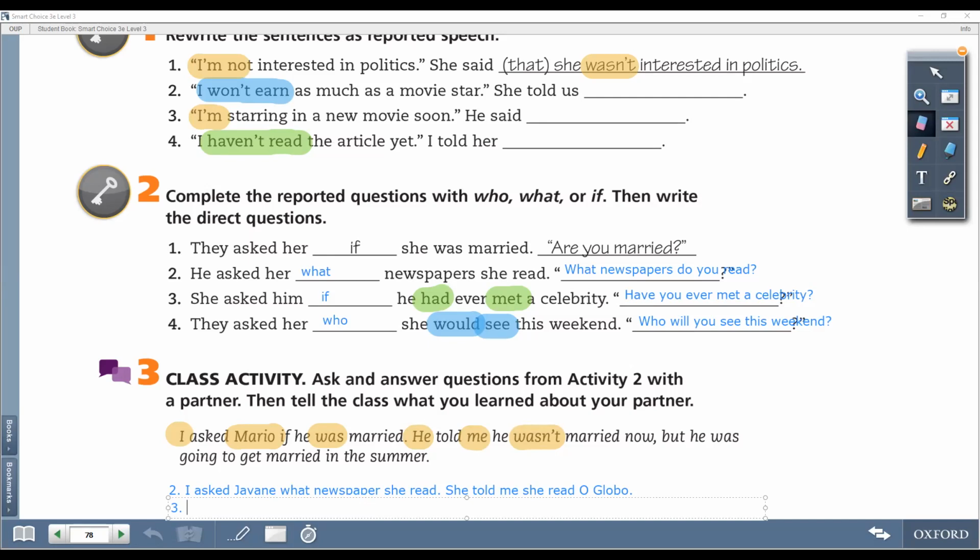I'm going to put here, for example, imagine that Amanda asked me this question. So Amanda asked me if I had ever seen a celebrity. Have you ever becomes past perfect.